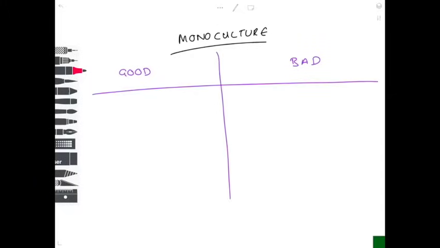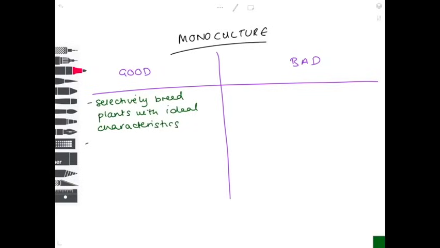So let's look at both the advantages and disadvantages of monoculture, because with all of these things, there are always good and bad points. So starting with the good points, you can selectively breed plants. So what I was just saying, you can selectively breed plants with ideal characteristics. And you can match them to the type of soil you have to make sure you're maximizing growth.